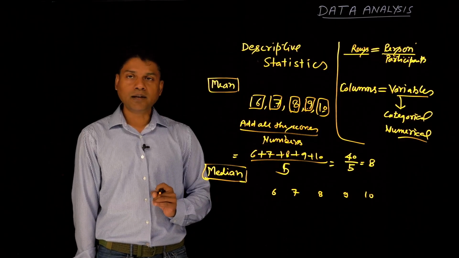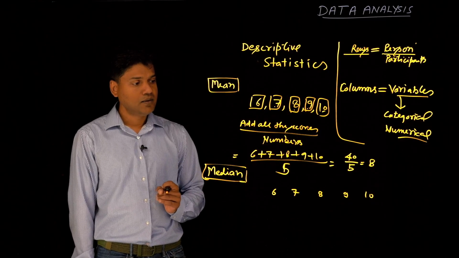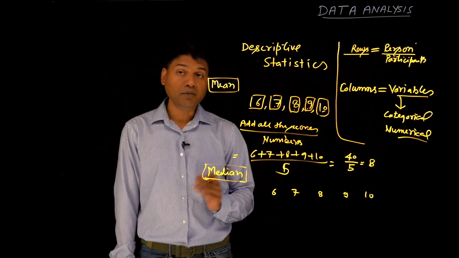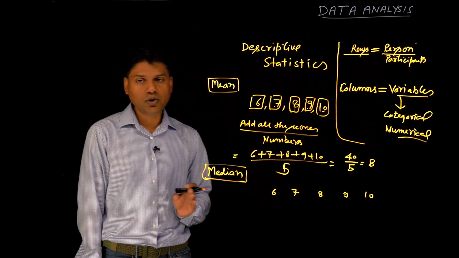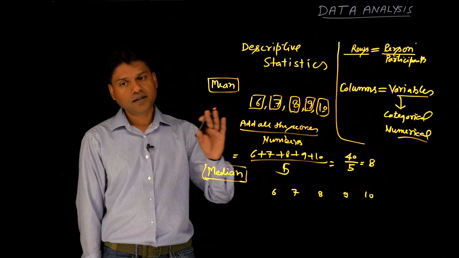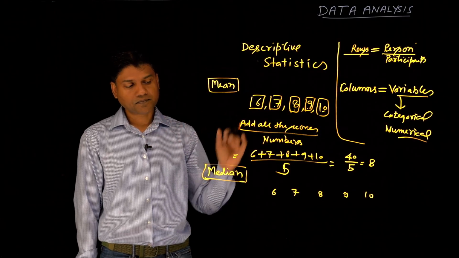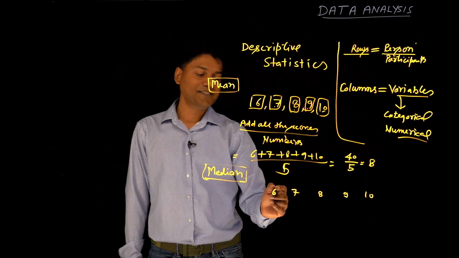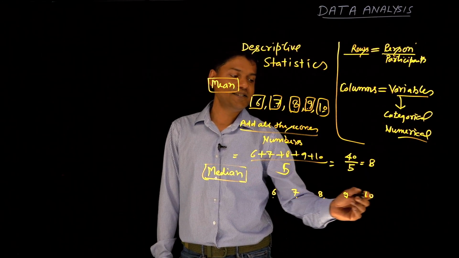To calculate the median, first of all I need to find the middle value, and to find the middle value you organize the data in increasing order. As you can see, the data is already in increasing order, 6, 7, 8, 9, 10.